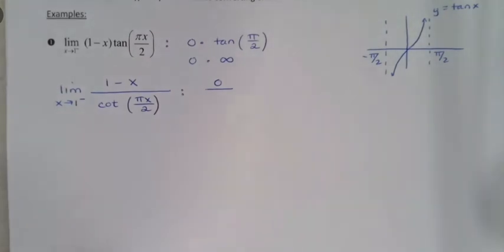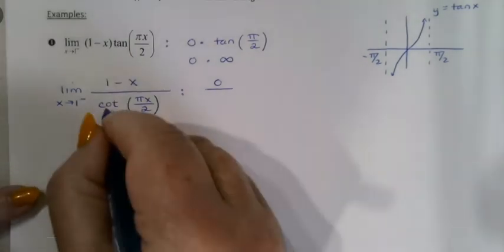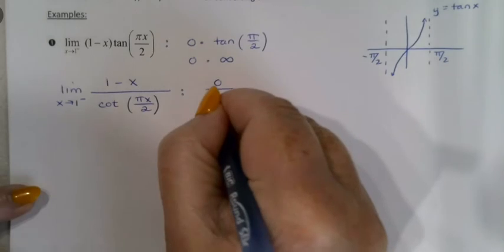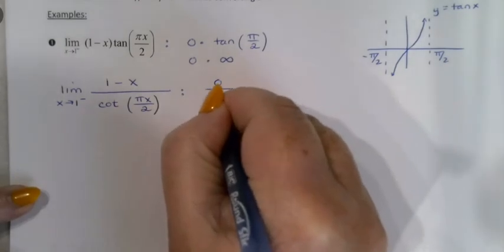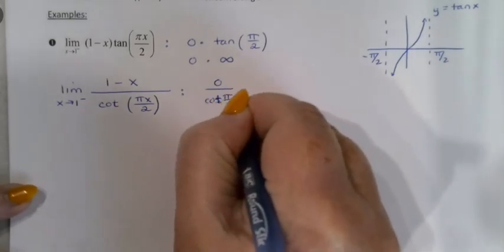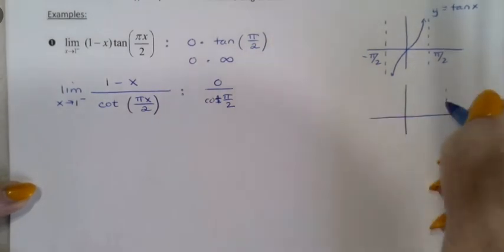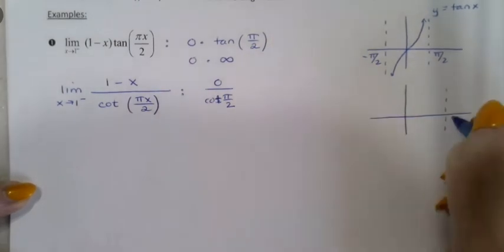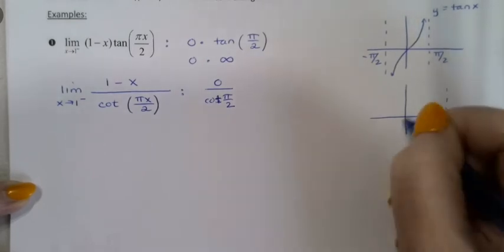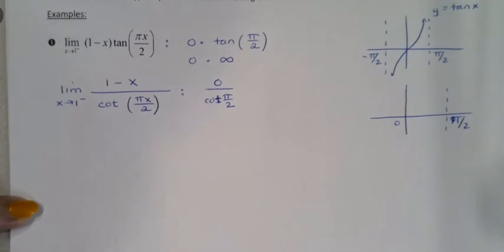But the cotangent graph has its asymptotes at plus and minus pi, not pi over 2. So when I plug in the 1 and I want cotangent of pi over 2, again, you can generate this graph with your calculator, Desmos, whatever, right?